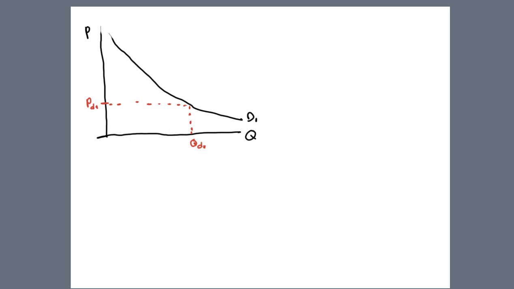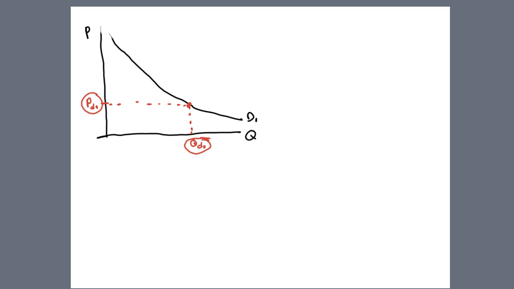That simply means that, say this is my demand for coffee, if the cost of coffee is, say, $1.30 a cup, then this is the quantity that I'm going to demand at that price.